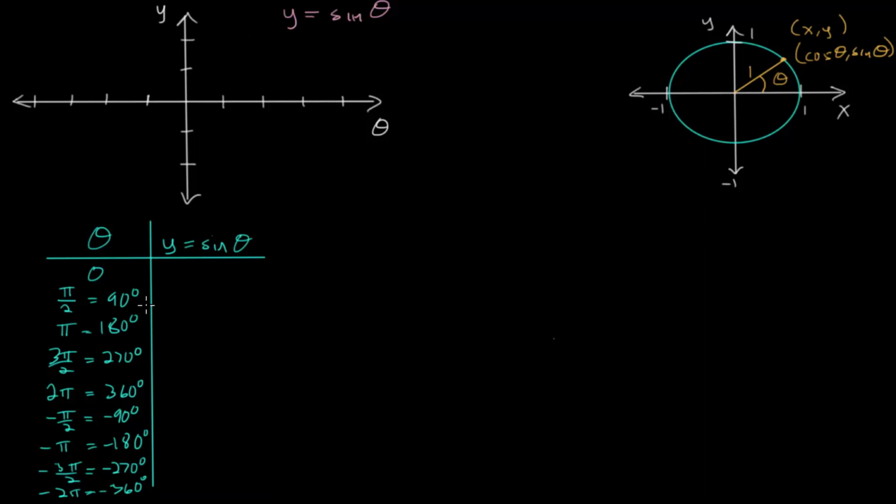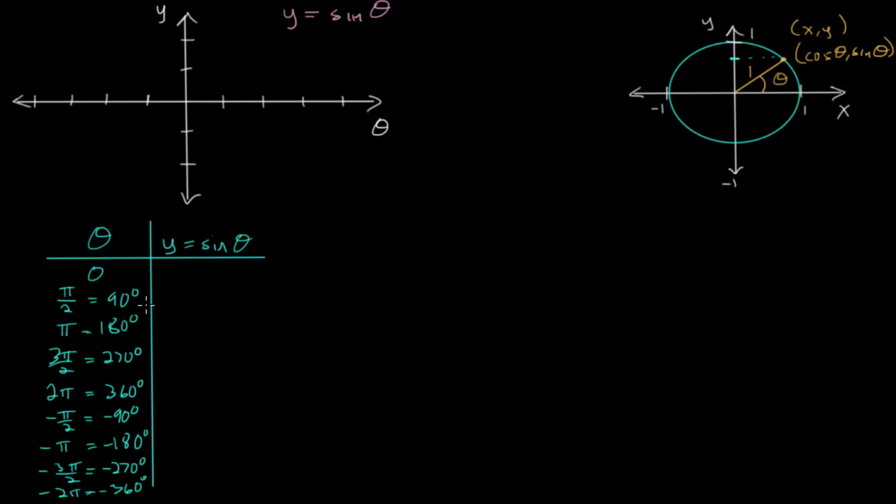They will go back and forth between particular values, and that has to do with the fact that this angle theta essentially repeats itself every 360 degrees, or 2 pi radians. And of course, we can go in the negative direction, 360 degrees, or subtract 2 pi radians, and that way we'll get back to the exact same point, which would have that exact same y value.